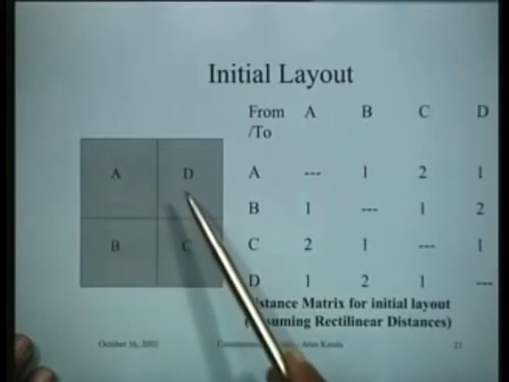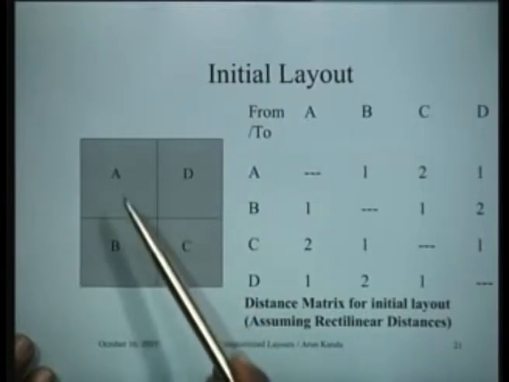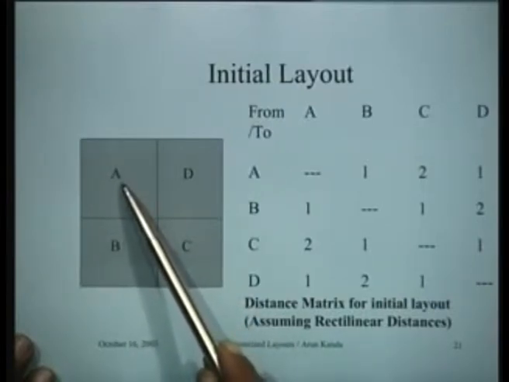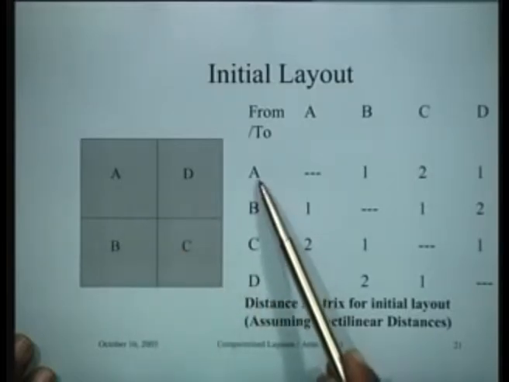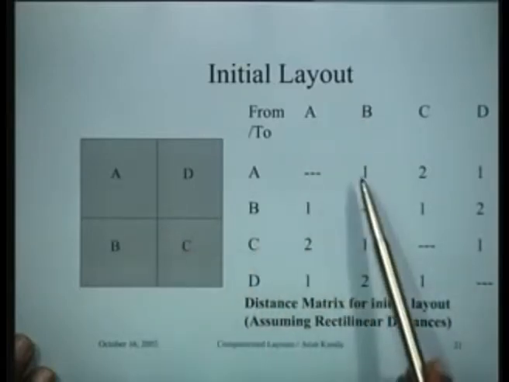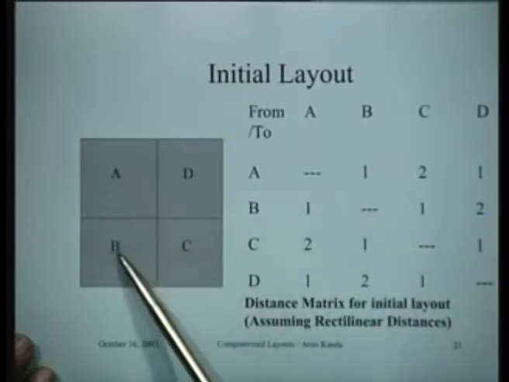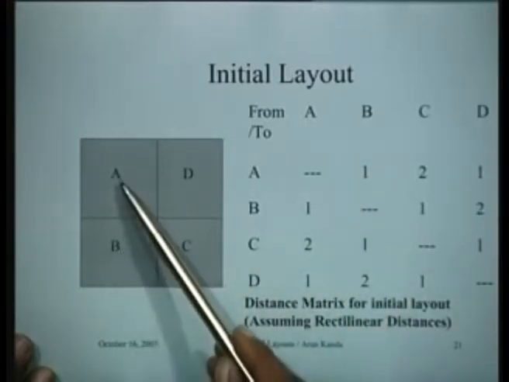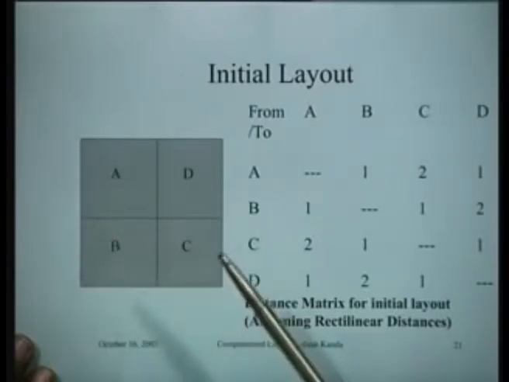For this particular layout you can easily determine the distances between the various pairs of departments. For instance, if I go from A to B, I have to travel a distance of 1 unit. We are measuring distances between the centroids of the departments, and we are assuming, for instance, that the side of each of these squares is 1 unit.